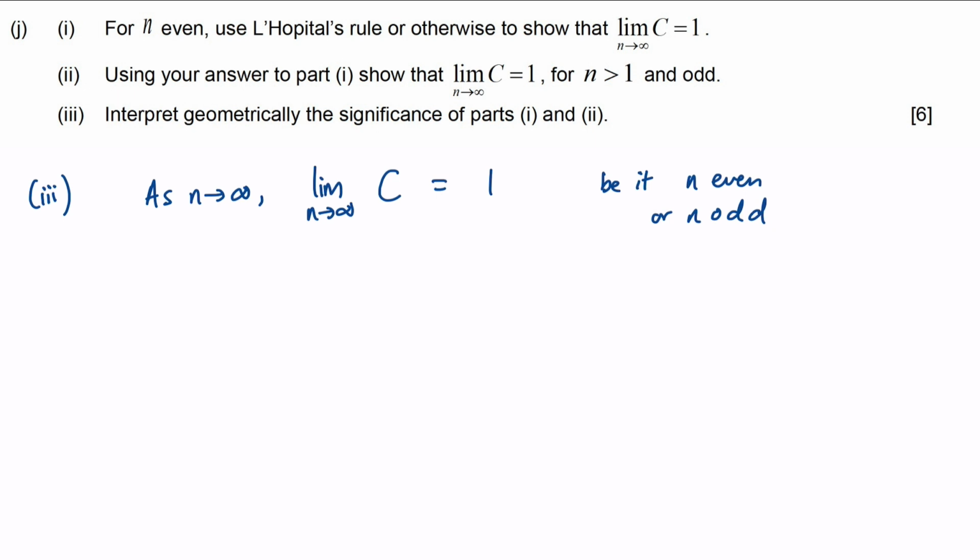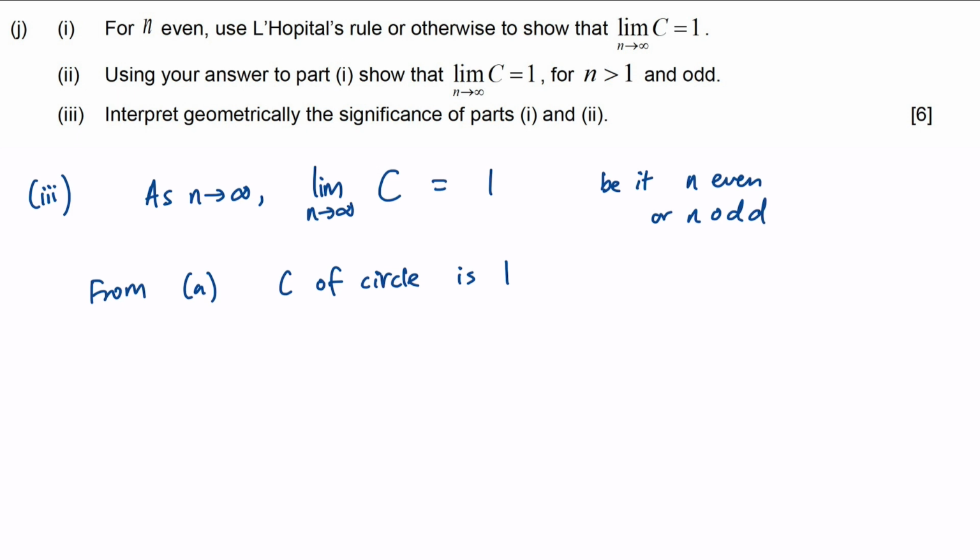Now we have found in part A earlier that the limit, the compactness of a circle, is actually 1.